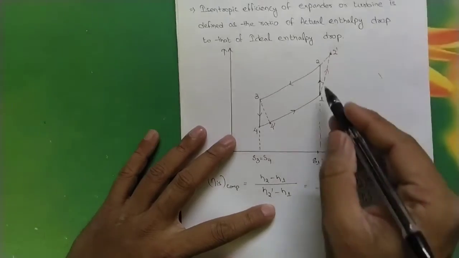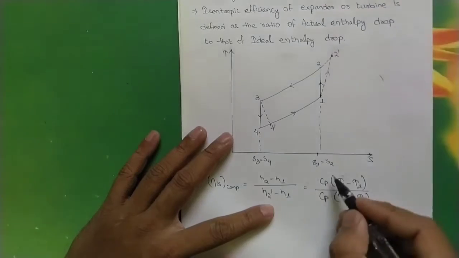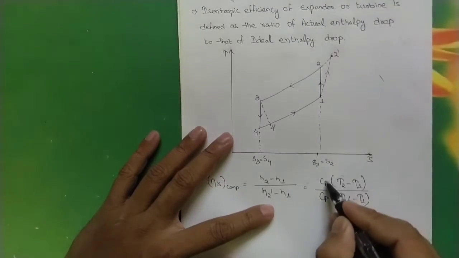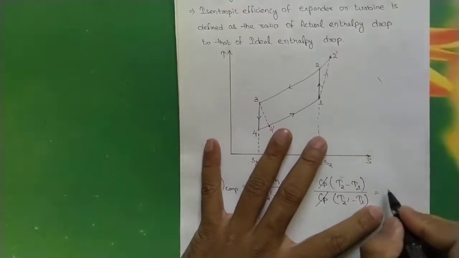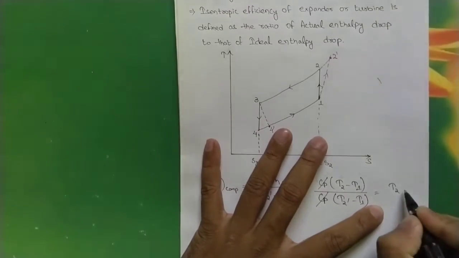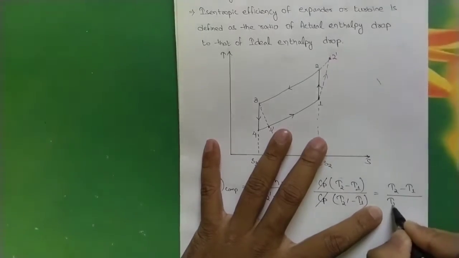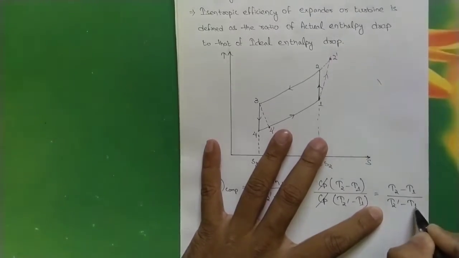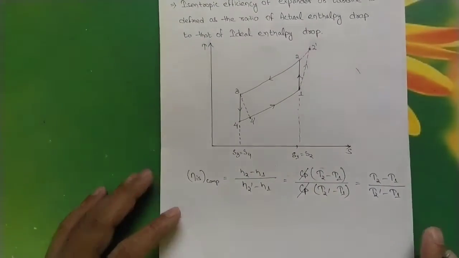As the compressor is handling the same gas, Cp and Cp get cancelled. So isentropic efficiency will be equal to T2 minus T1 divided by T2 dash minus T1. This is the formula for isentropic efficiency of a compressor.